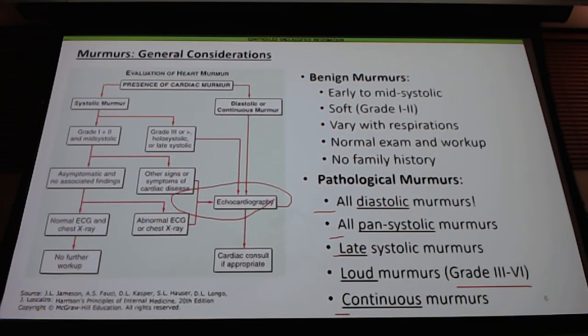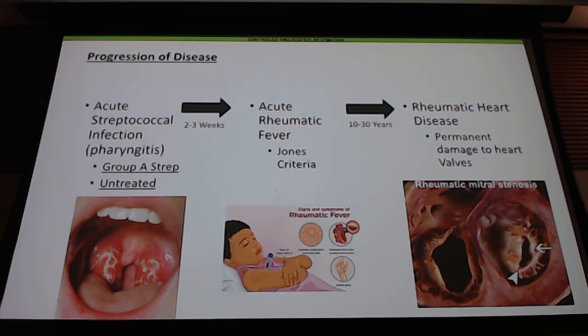Okay. Then we went on and we started talking about the spectrum of streptococcal infections, where a kid having acute strep pharyngitis, especially if it goes untreated, is at risk in 2 or 3 weeks to develop acute rheumatic fever.